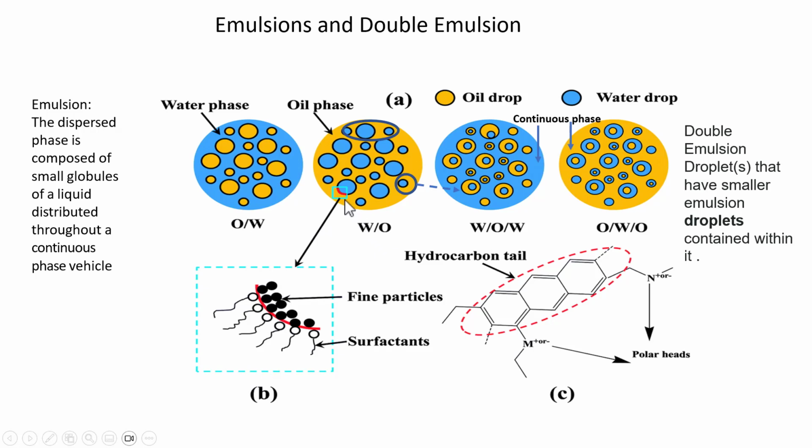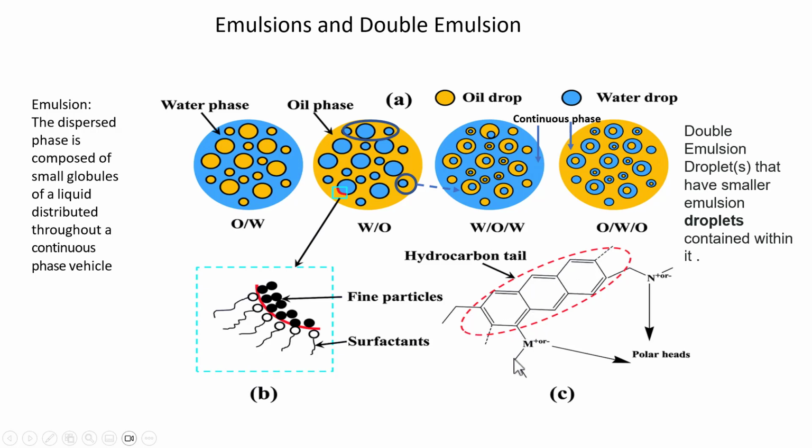Water and oil has oil as a continuous phase and water is a globular phase. And the interface orientation of surfactant, as pointed out earlier, lipophilic portion is embedded in oil and the hydrophilic or water-loving is oriented towards the globule of water.